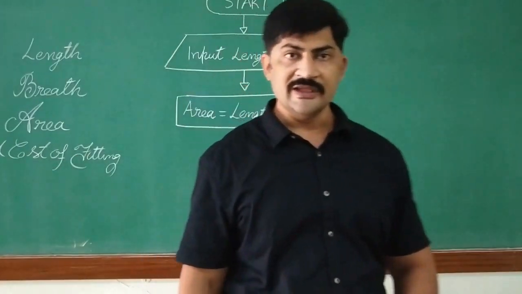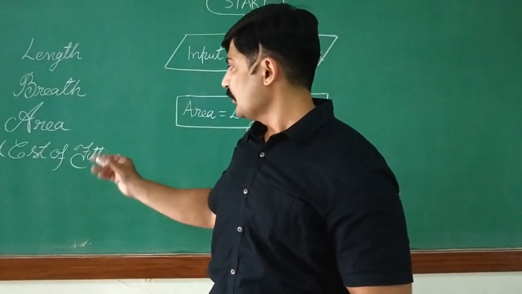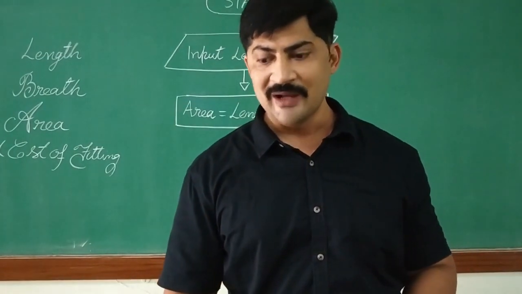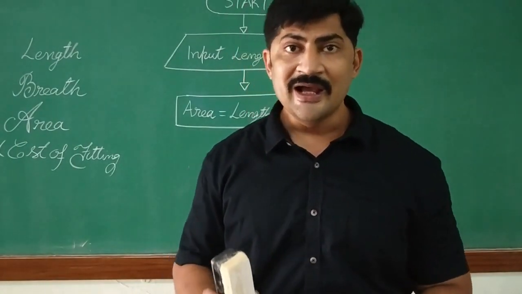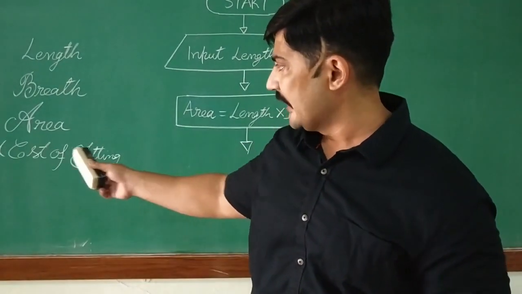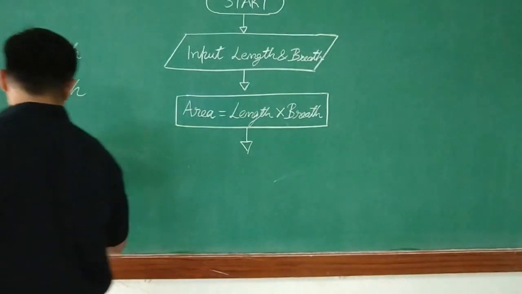So now we have got the area. Now it's very simple. The total cost of fitting the tiles is equal to area multiplied by 10. Here I shorten the name of the variable because I will not be able to write so big a name. I just make the name as cost.